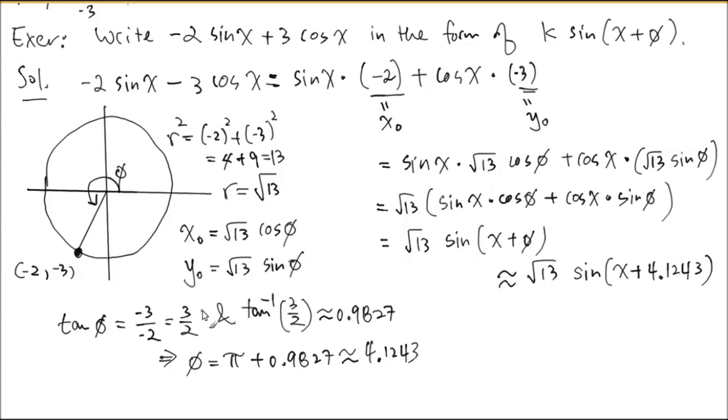That's the same number when you simplify it. So it gives the angle 0.9827 radians, which is the angle in the first quadrant, the same as the point 2, 3 over here. That's the angle it gave you. But you want the opposite side of the angle, so you have to add 180, which in radians is pi. So this time you have to add pi, and 4.1243 is the correct phi value.